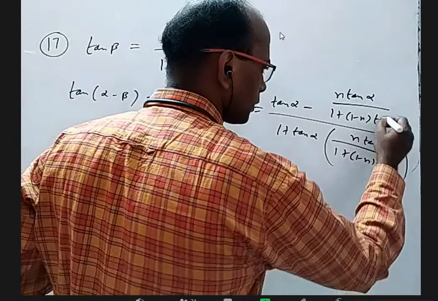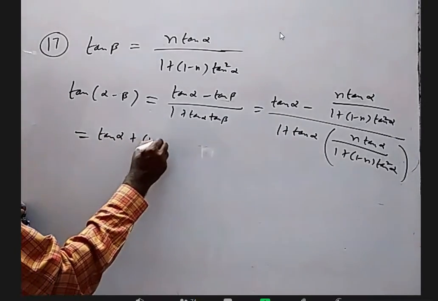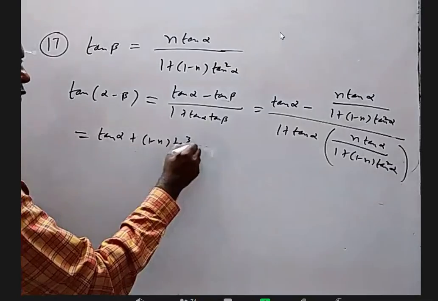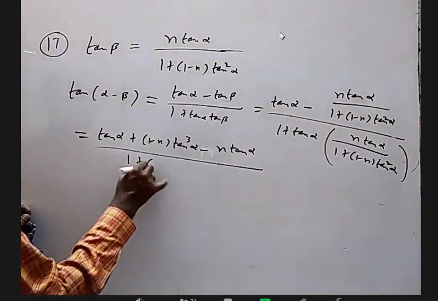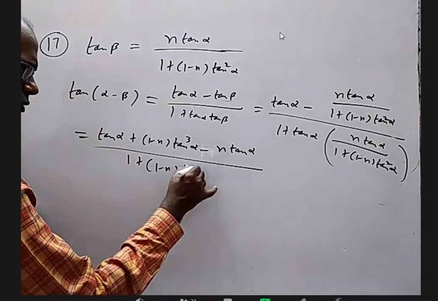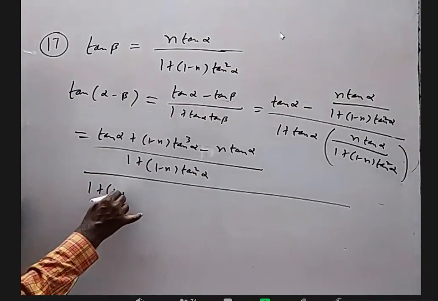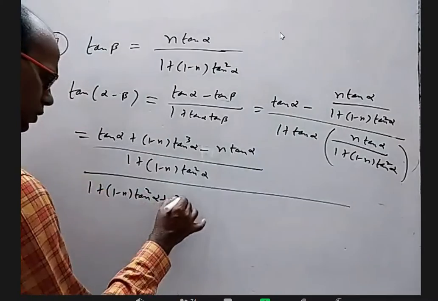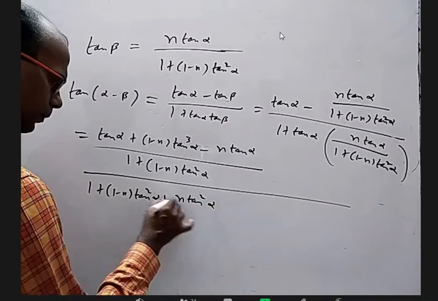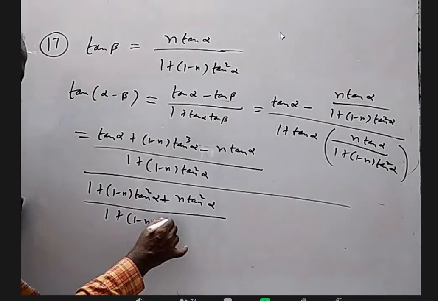Okay. If I bring this here, I'll get tan alpha plus 1 minus n into tan cube alpha minus n tan alpha, by 1 plus 1 minus n tan square alpha, whole by, here also if I bring this one here, 1 plus 1 minus n tan square alpha plus this into this, n tan square alpha, whole by 1 plus 1 minus n tan square alpha.